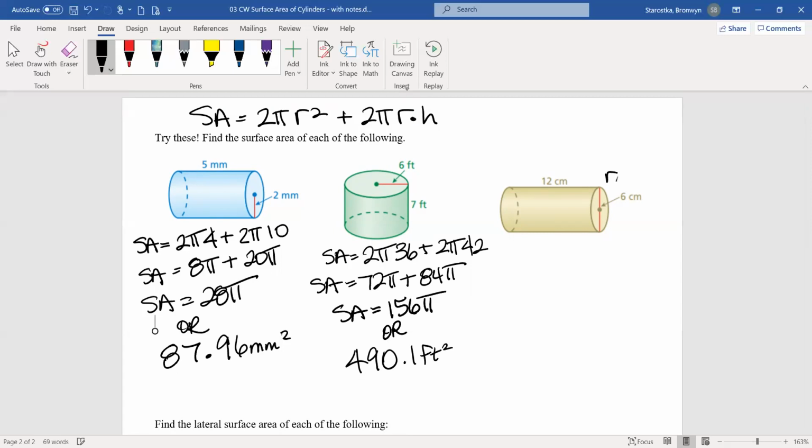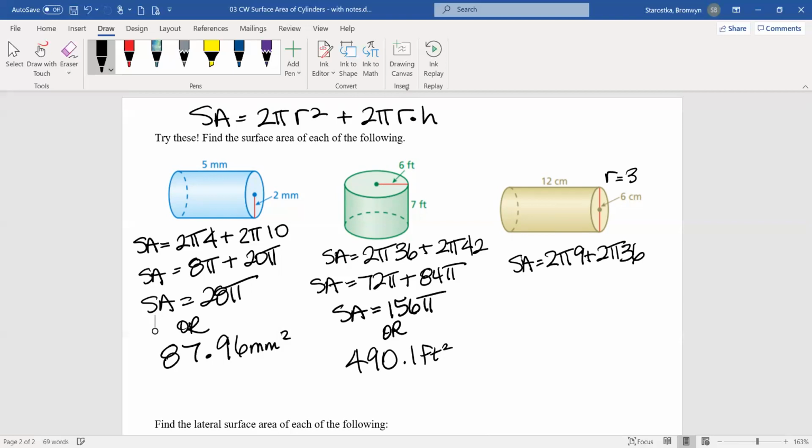Here we go. Notice radius is 3. Surface area, 2 pi 9, because 3 times 3 is 9, plus 2 pi, 3 times 12 is 36.